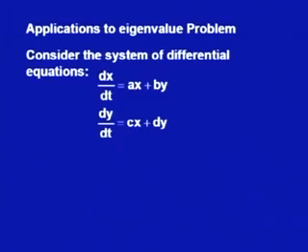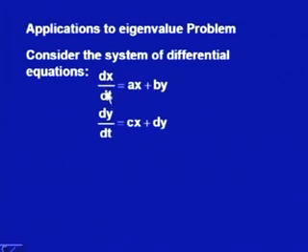Now, here we discuss applications of the eigenvalue problem to systems of differential equations. Consider the system of differential equations in two variables x and y. x and y are two dependent variables depending upon an independent variable t, and we write the first equation as a first order differential equation relating the derivative dx by dt with x and y.